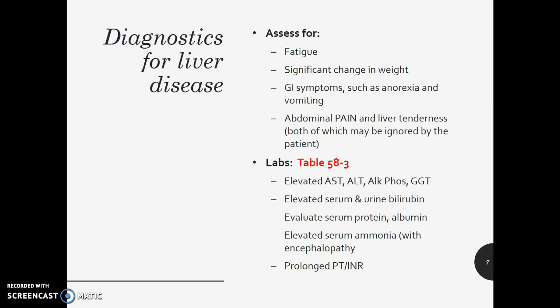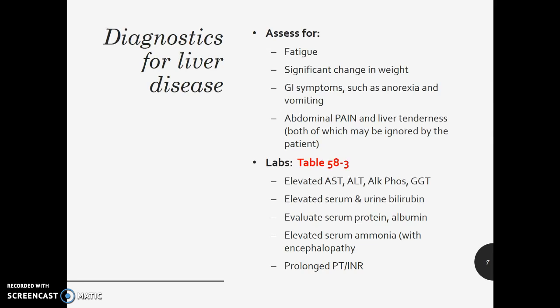Of course, you're going to have elevated liver enzymes, which the first list there indicates. You can have elevated serum and urine bilirubin levels, elevated serum protein and albumin, and elevated serum ammonia, which you often see with encephalopathy, because that is what is driving the mental status changes with encephalopathy.